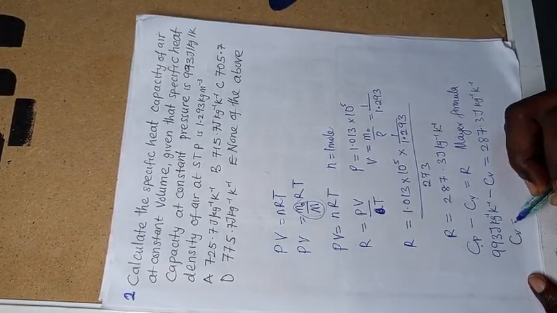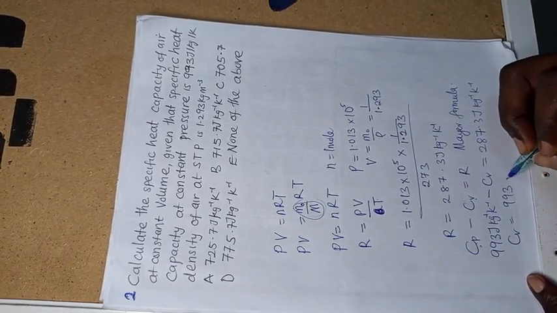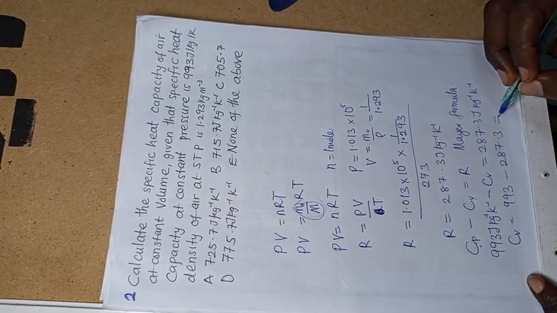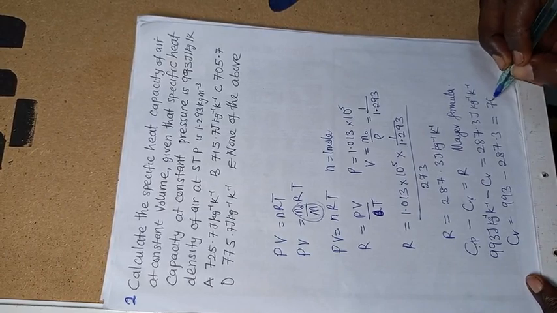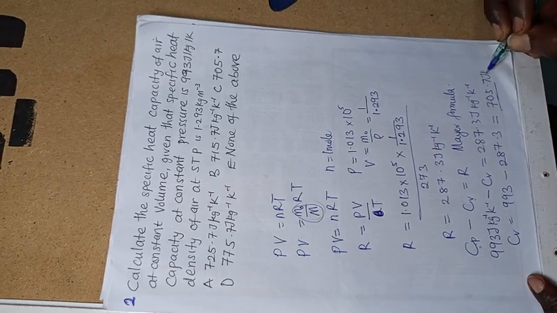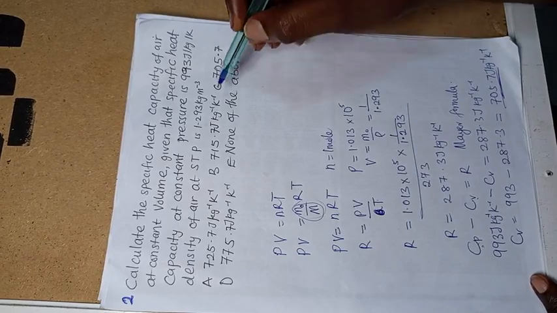So our CV equals 993 minus 287.3. So our answer becomes 705.7 joules per kilogram per Kelvin.